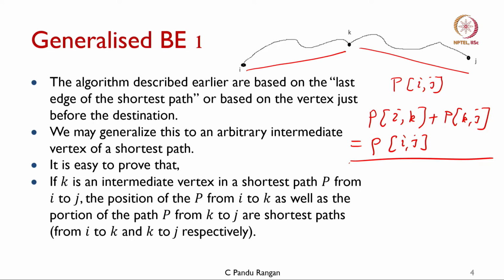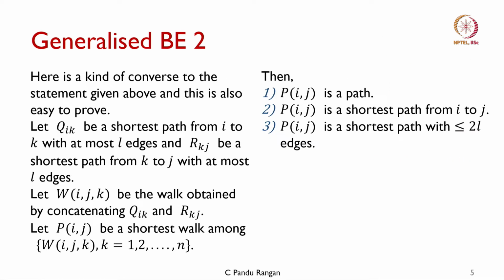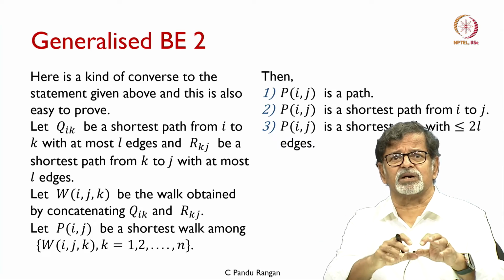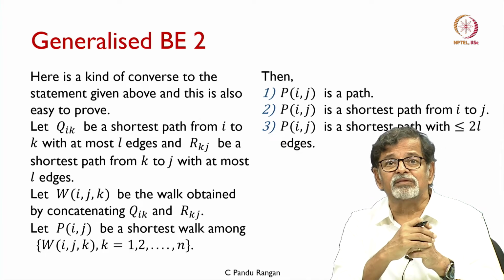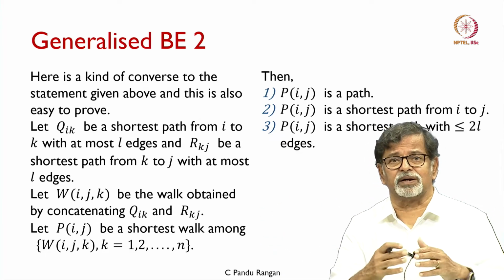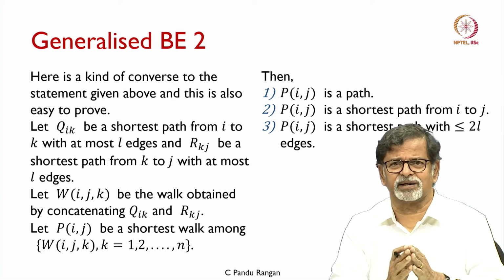The claim is this part is the shortest path and this part is also a shortest path. Not only this, we have a kind of converse for this. By combining shortest paths in some careful manner, we will be able to get a bigger shortest path. It is a kind of converse for that.